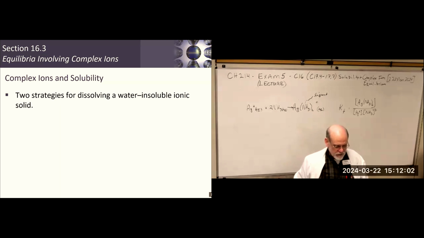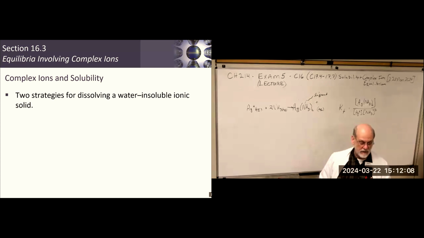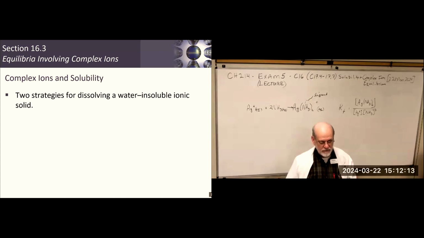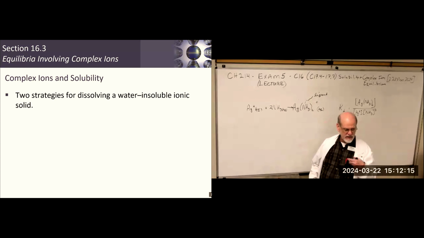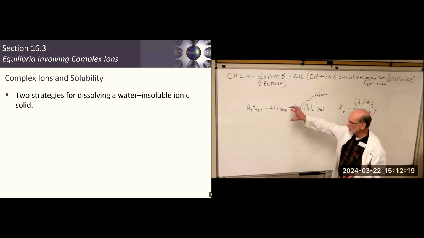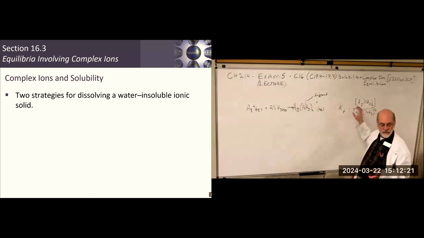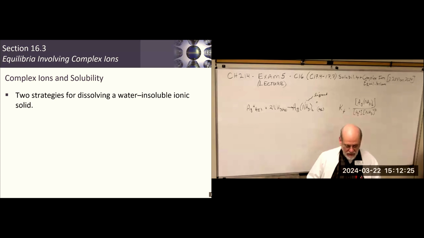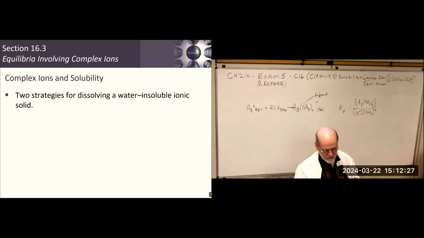Okay, there are 2 strategies for dissolving a water-insoluble ionic solid. One we've looked at already: common ions, or I should say coupling reactions, that shift the equilibrium away from the solid to the solubilized ions. And the other is formation of complex ions.